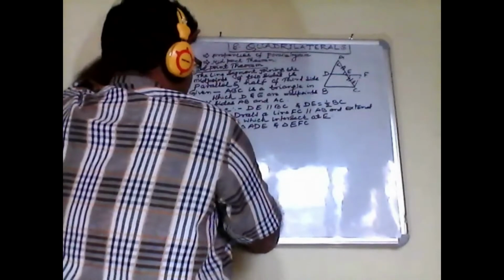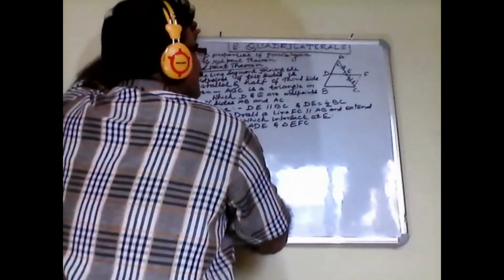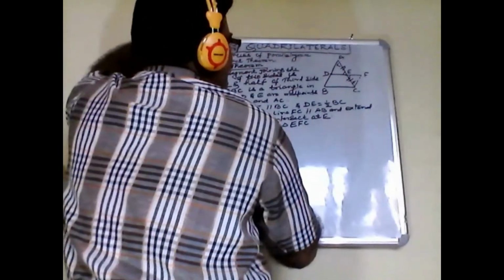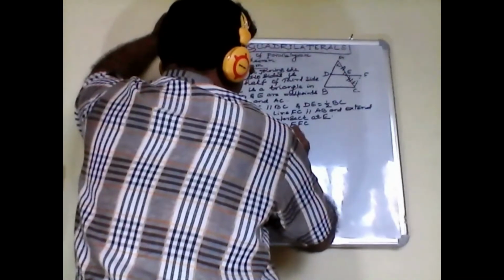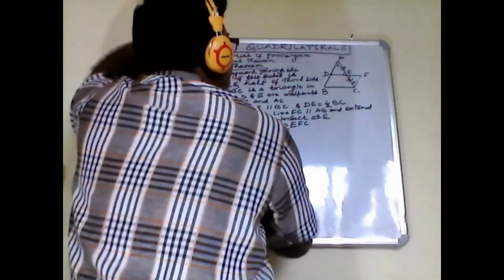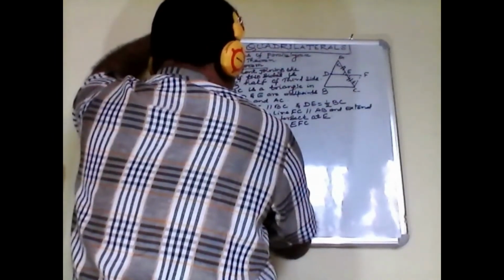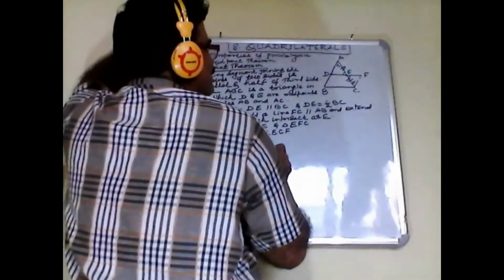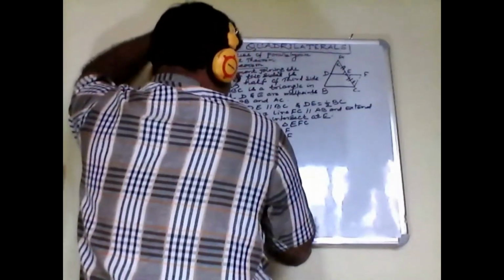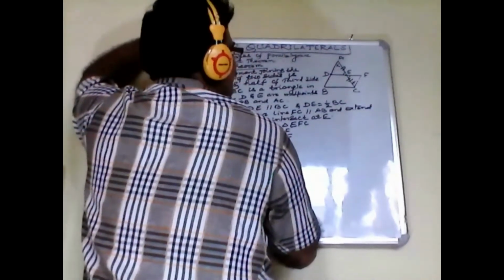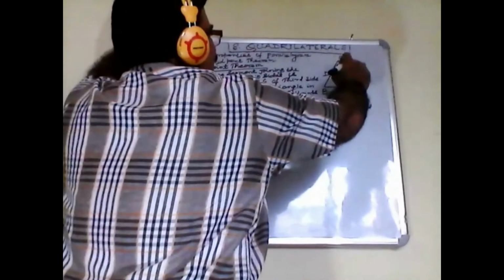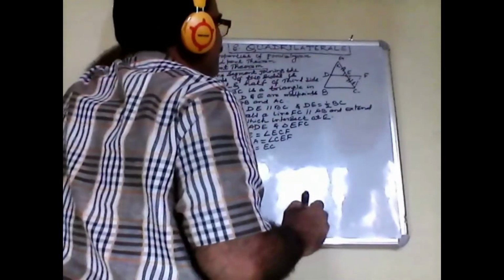So I can write angle DAE is equal to angle ECF, another one angle DEA is equal to angle CEF, and AE is equal to EC. That is, E is the midpoint of AC, so these parts will be equal.